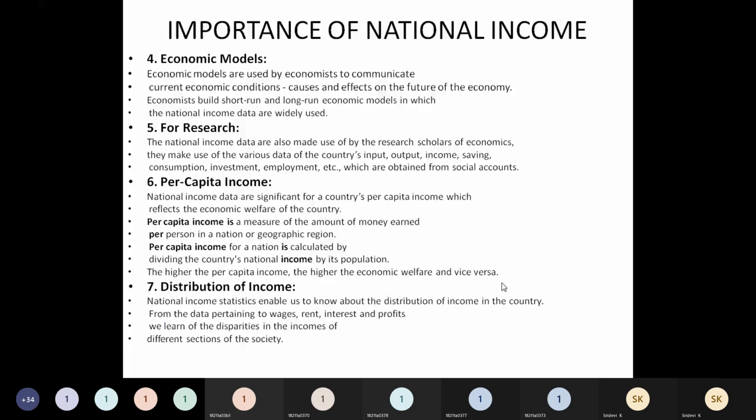And not only that, we can identify weaker sections also, where we can concentrate on those weaker sections. That is the reason why at this stage, Modi has declared for low income people free rice, etc. Like that, some policies can be created here in the country if national income is small. So in all these cases, national income plays an important role.